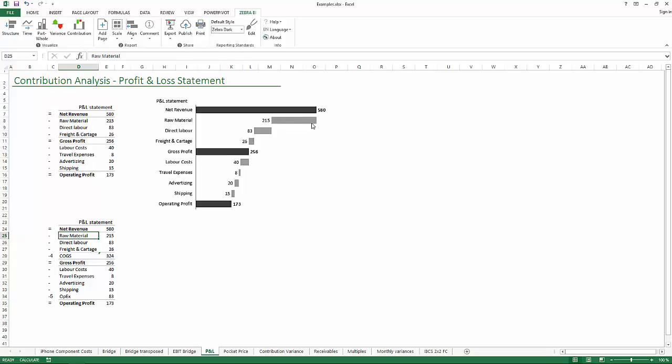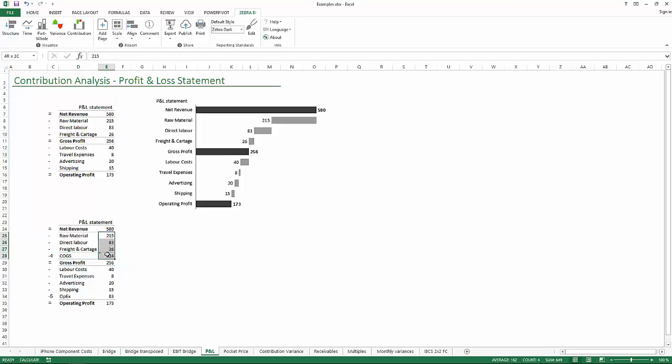Now it would be interesting to see, okay, now I see raw material, direct labor, freight and cartage, and these are now actually my COGS, my costs of goods sold. And if I want to show the total of these costs of goods sold, you add another chart, another row like this, COGS, and of course you calculate the sum.